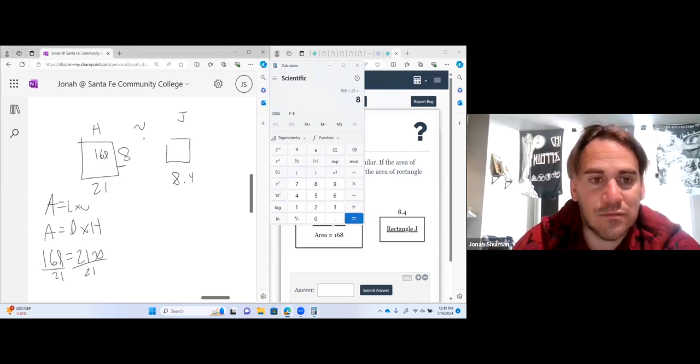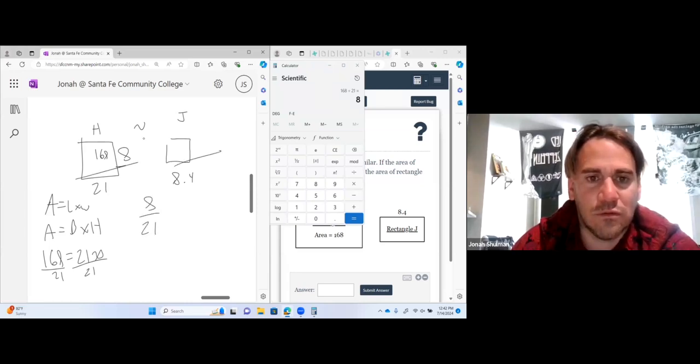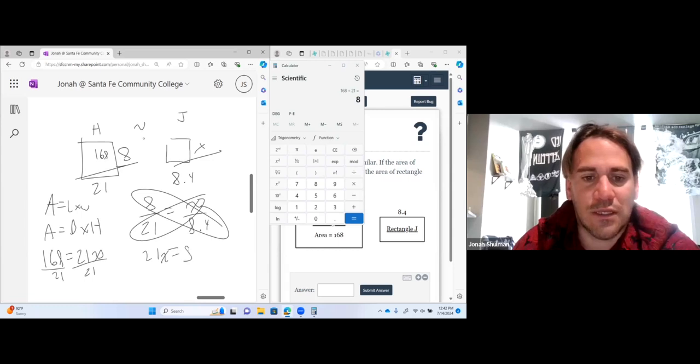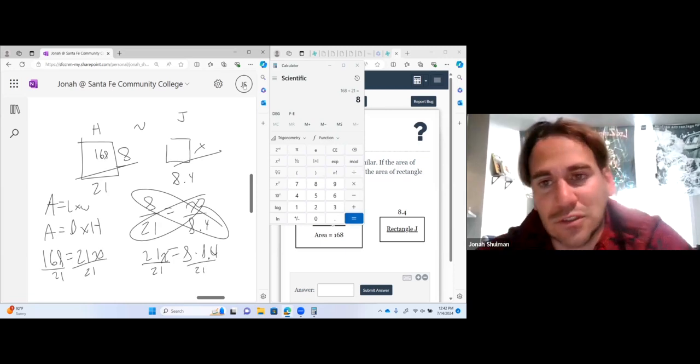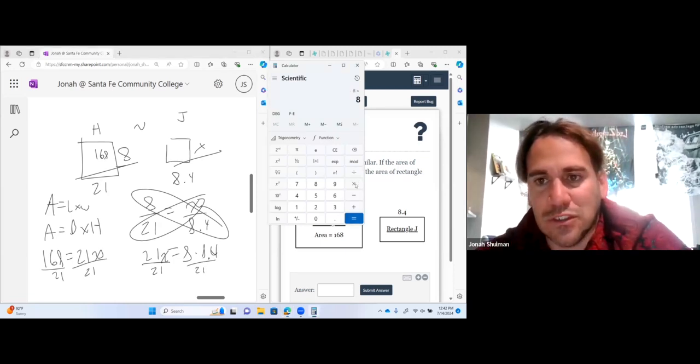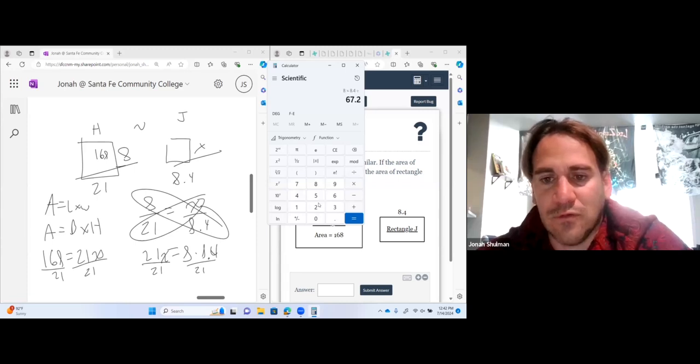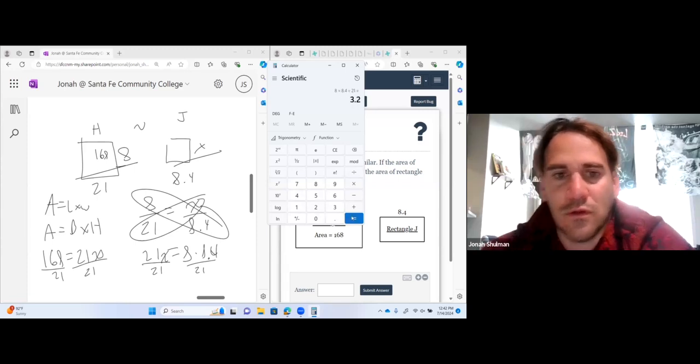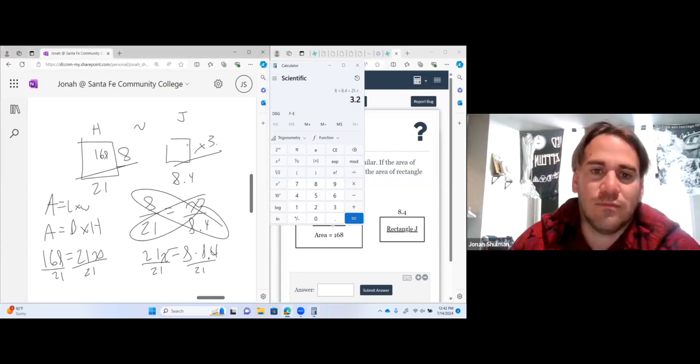So basically, I'm just gonna do 8 over 21 equals x over 8.4. Cross multiply: 21x equals 8 times 8.4. And we're just going to divide this by 21. I'm doing extra steps because this is how I would teach it to a student. So this is 3.2.